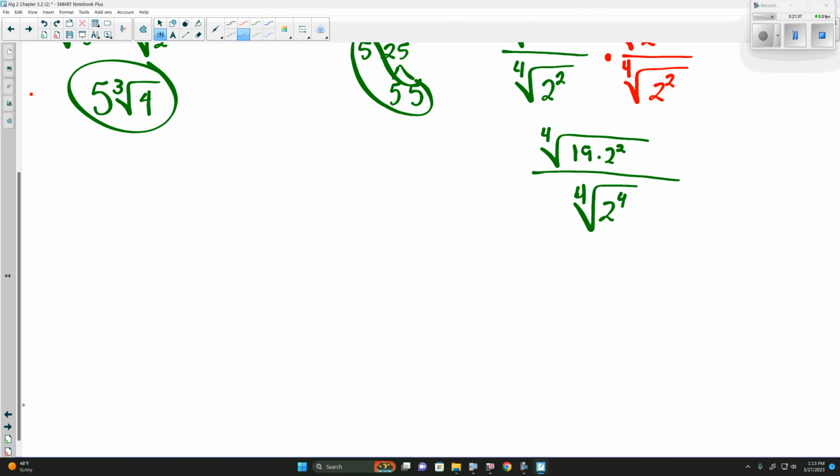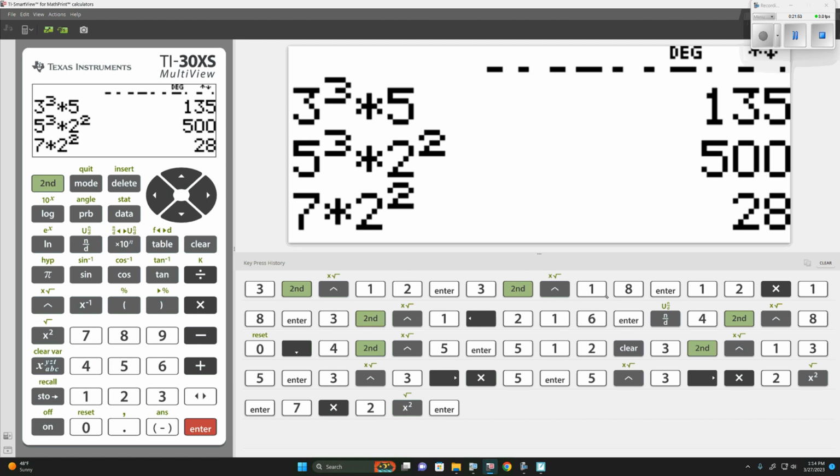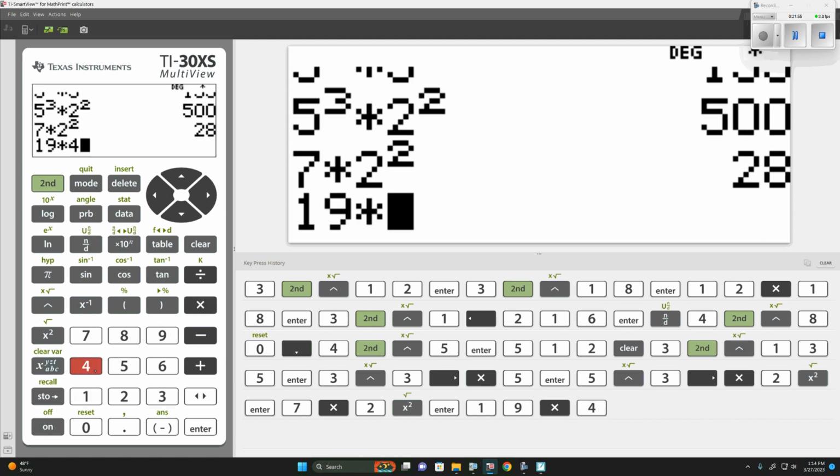Now the denominator is 2, and the numerator, it was a little bit bigger than that, because we'd have 19 times 4, which is indeed 76.